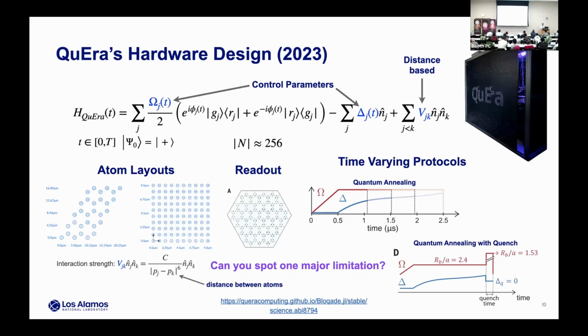Okay, I'm going to give it to you. So look closely at this term, V_jk equals C over p_j p_k. C is going to be a positive number, and a distance metric is also going to be a positive number. So the coefficient in front of the two-body term is always going to be positive, which is equivalent to an anti-ferromagnetic interaction in the Ising model.